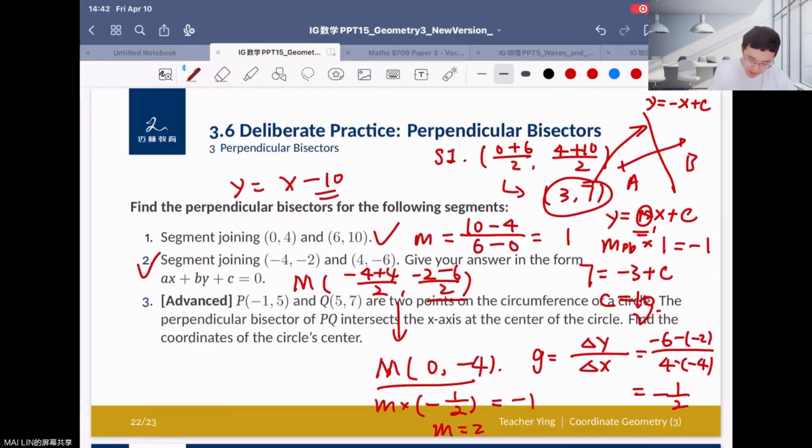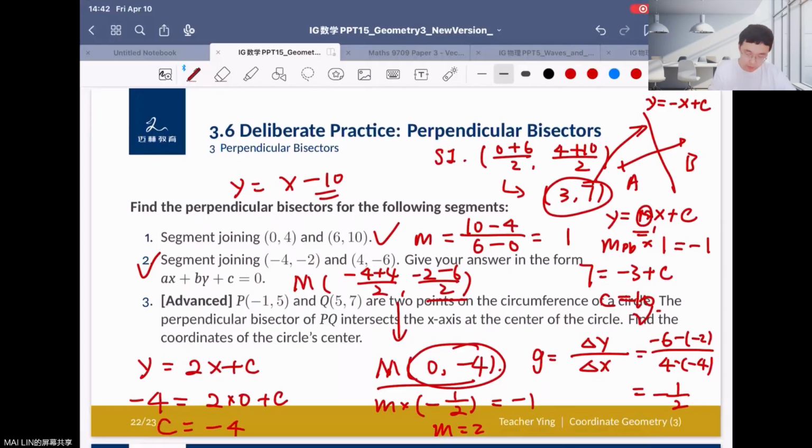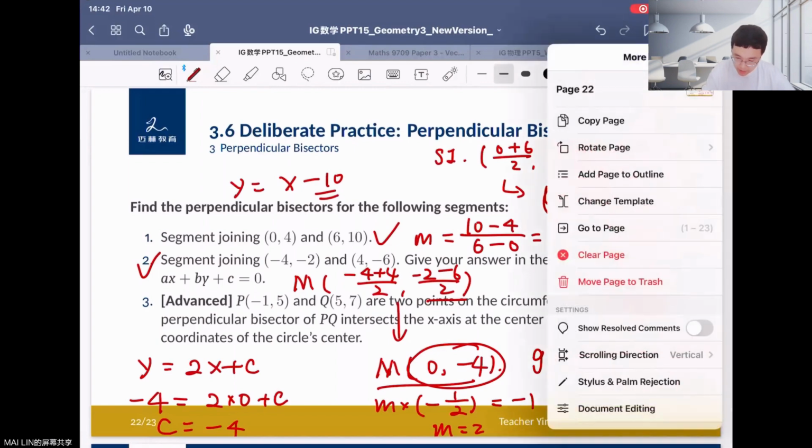So the equation must be y equals 2x plus c, and it passes through the midpoint (0, -4). So -4 equals 2 times 0 plus c, so c equals -4. Finally, the line is y equals 2x minus 4.